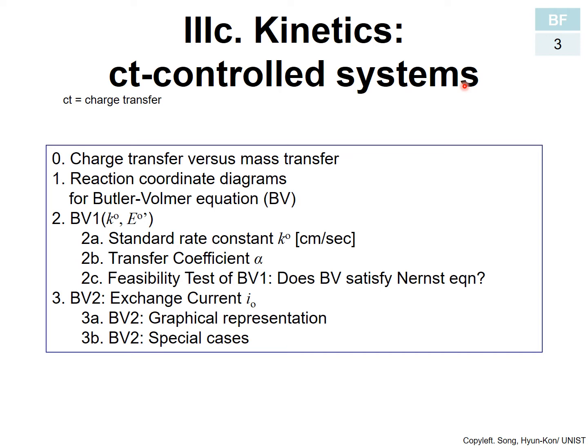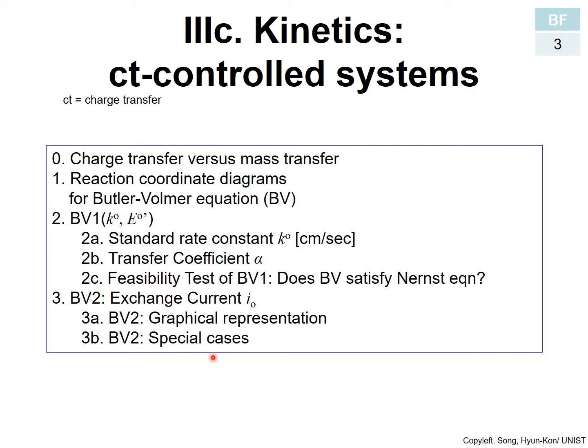So we have used Fick's first law and Fick's second law as the diffusion equations to obtain the kinetics of the mass transfer controlled systems. In this chapter, we are focusing on the charge transfer controlled systems rather than the mass transfer controlled systems.